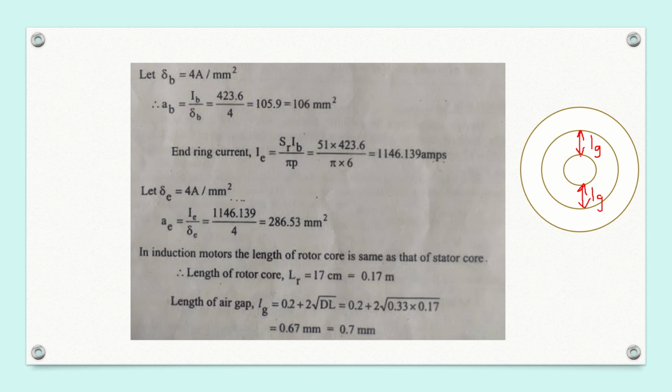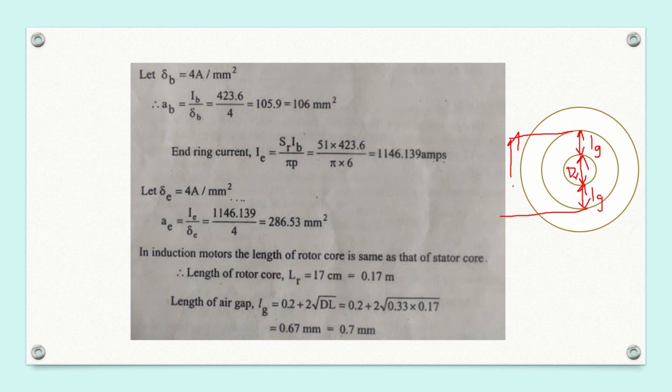and we know that this is our rotor, and this is the rotor diameter Dr. Let us denote the rotor diameter as Dr. And this one is the diameter of the stator, which we denoted as capital D, the main dimension.